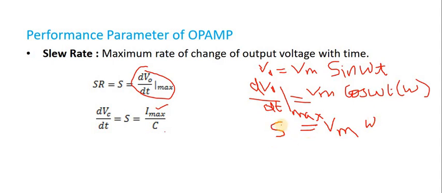This is equal to slew rate, or I can write Vm 2 pi f max.